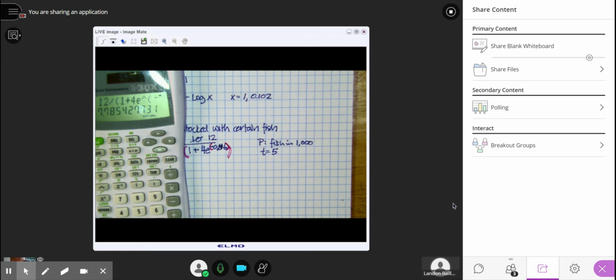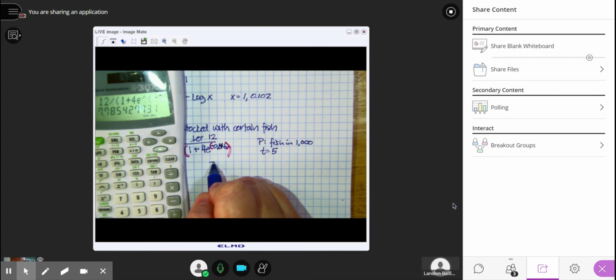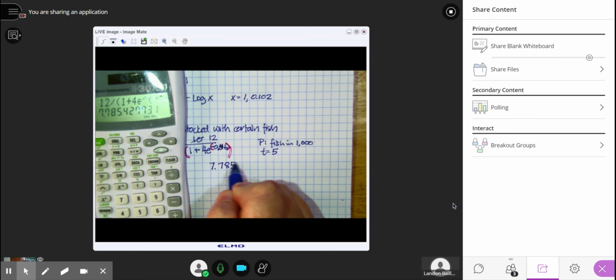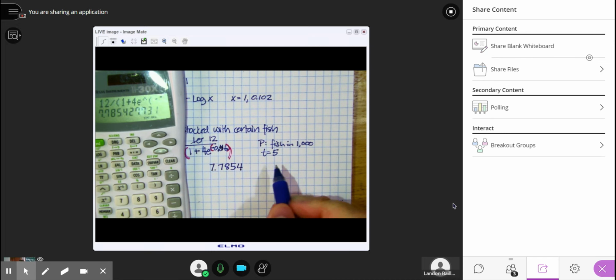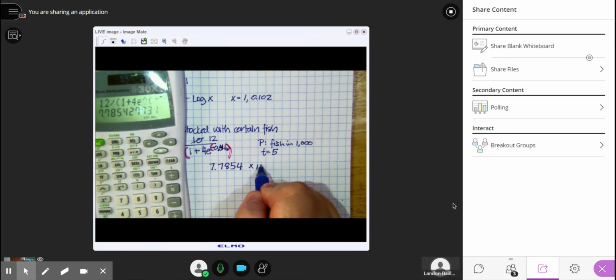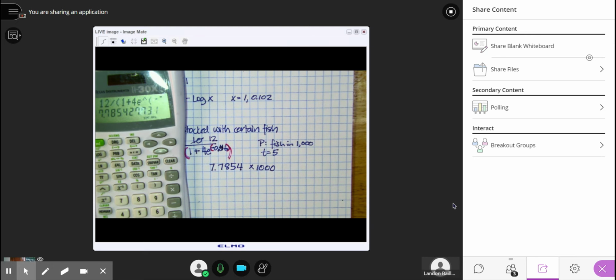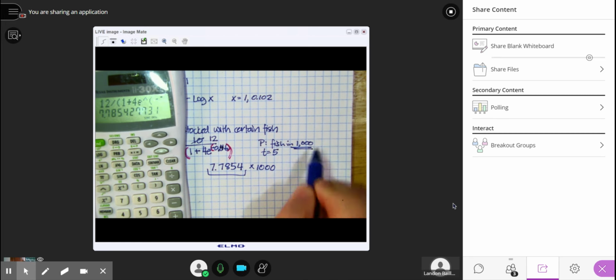So what did you have to round to? Oh, this is your fish population, right? 7.7854 to the nearest fish. Remember, you got to multiply that by 1,000. This is your fish population in thousands.